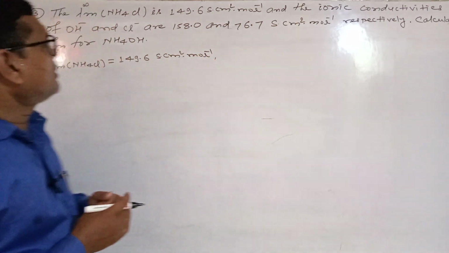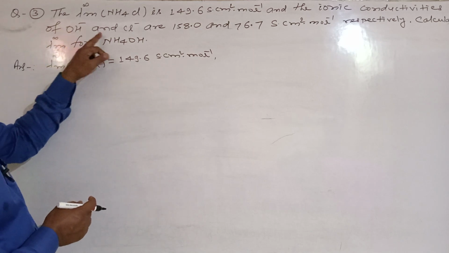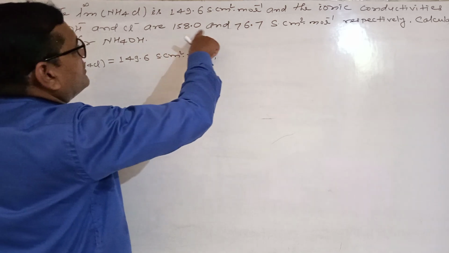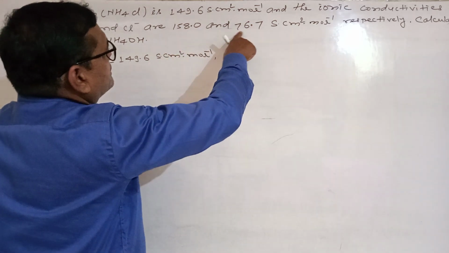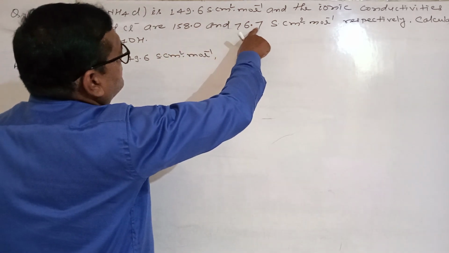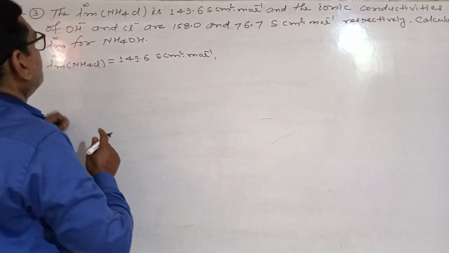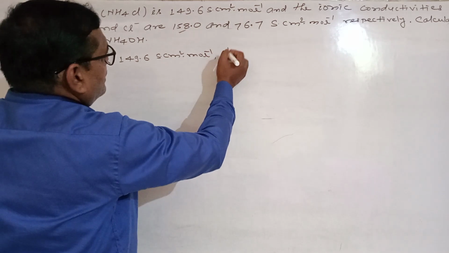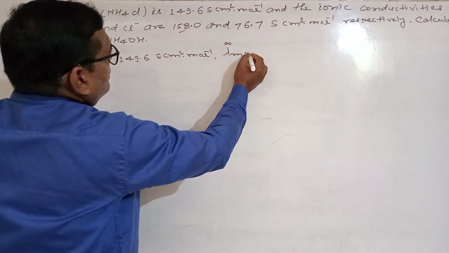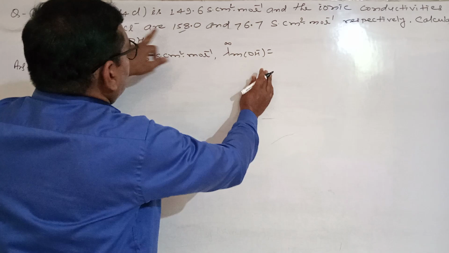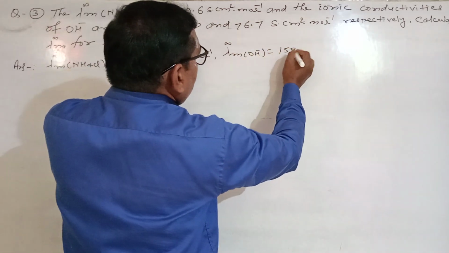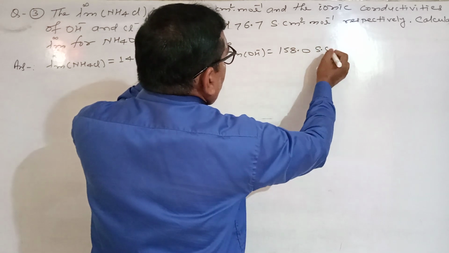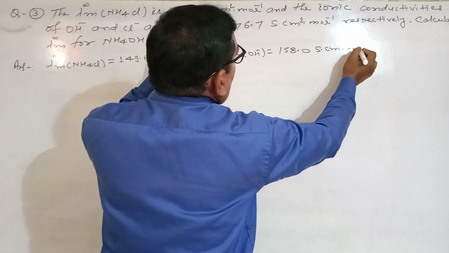And the ionic conductivity of hydroxyl ion and chloride ion are 150.0 and 76.7 Siemens cm square mole inverse. We write lambda infinity m of hydroxyl ion is equal to 158.00 Siemens cm square mole inverse.